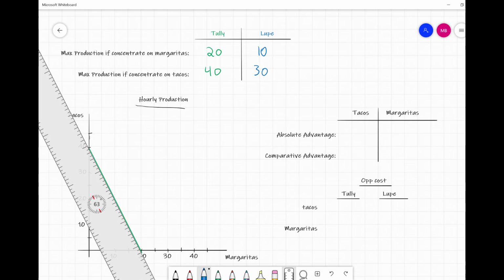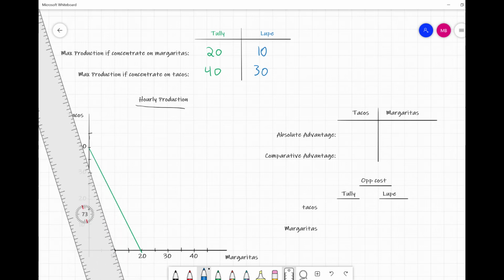It's constant opportunity cost, which we'll talk about in a few minutes, because it takes the same amount of time no matter how many they produce. And now moving on to Lupe, we see that she can produce 30 tacos or 10 margaritas. So those are the two intercepts, and we can draw a blue line between the two to represent her production possibility boundary.